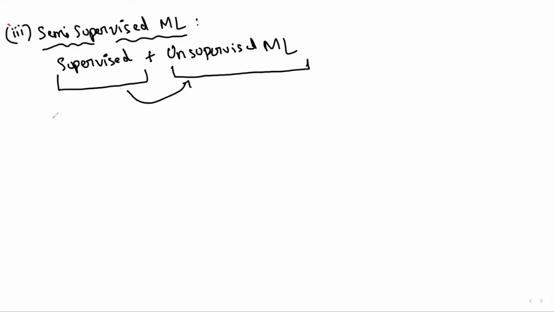Now you will be more clear if I give an example. Let's say Google Photo Service is one classic example of semi-supervised machine learning.